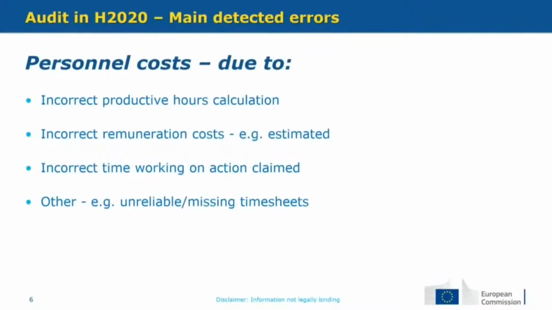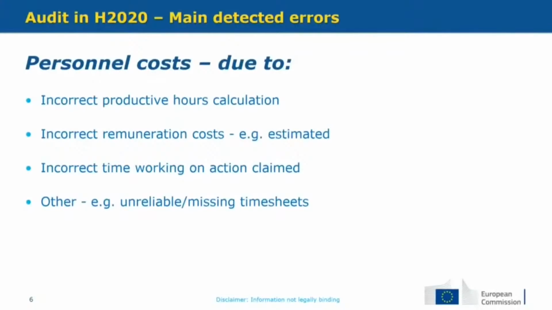Regarding remuneration cost, we may have incorrect remuneration cost, like, for example, estimated cost or budgeted cost, which may indeed explain some of the errors in personnel cost. The other part is incorrect time worked on the action claimed. Obviously, this is linked directly with the timesheets.